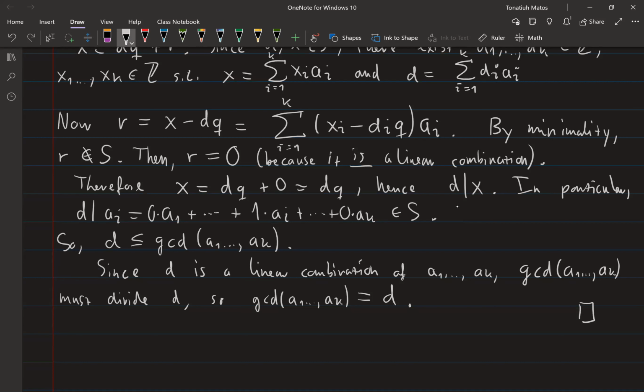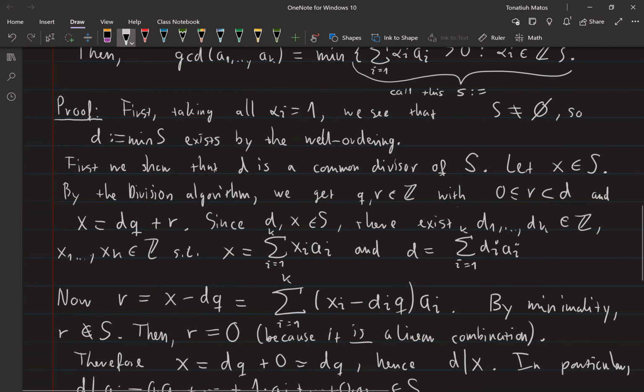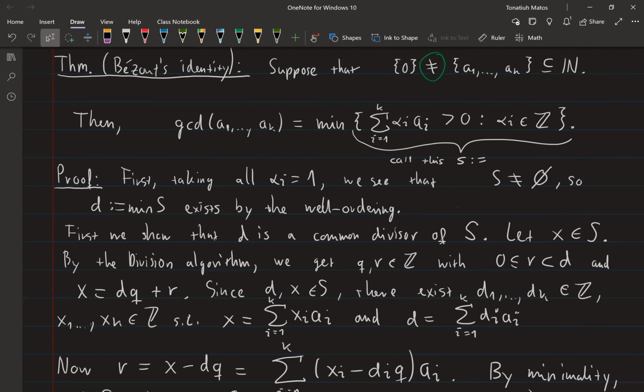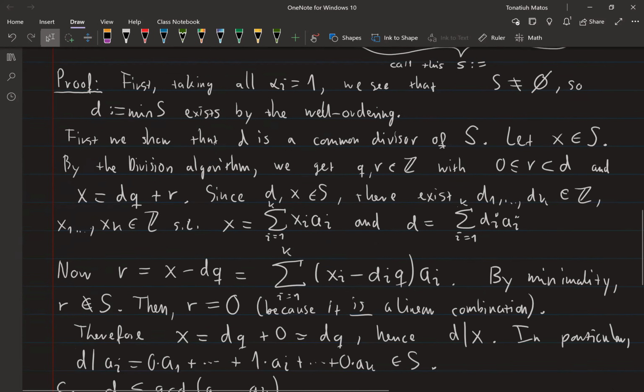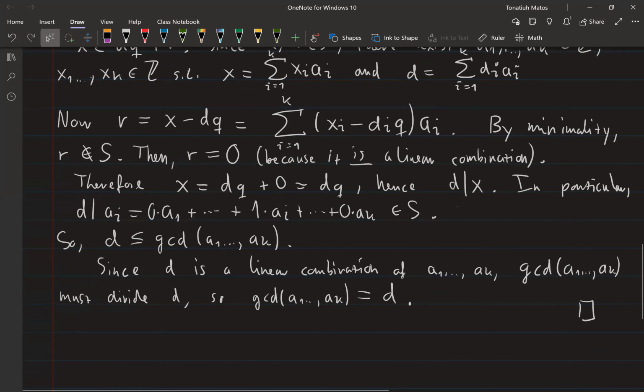So there's two insightful things that arise from this situation. Not only the fact that the statement is true, that the greatest common divisor is the least positive linear combination, but also the fact that every divisor must divide the greatest common divisor. Do you see what I mean with that? This proof contains that fact.